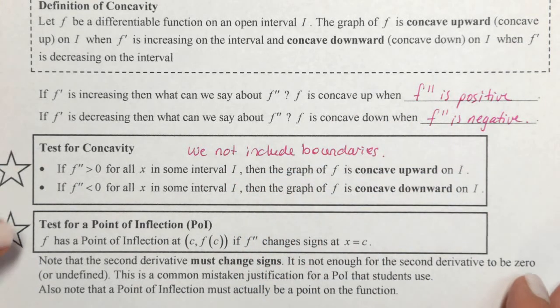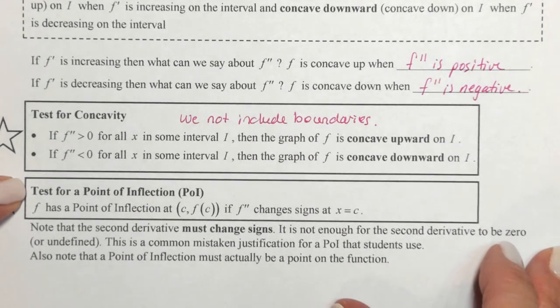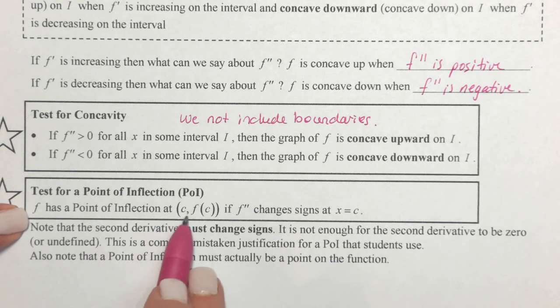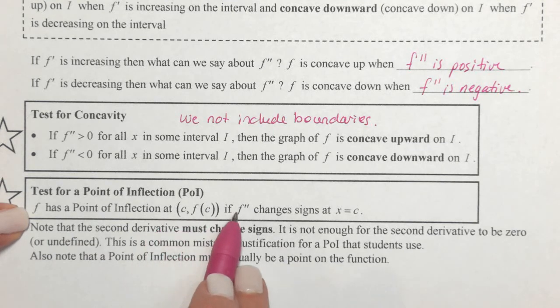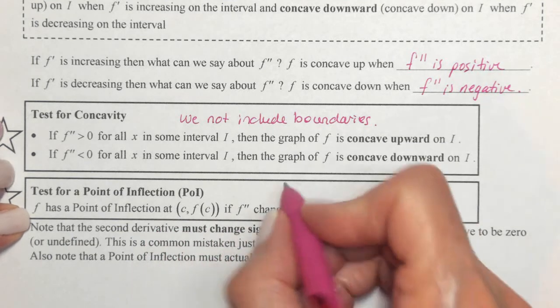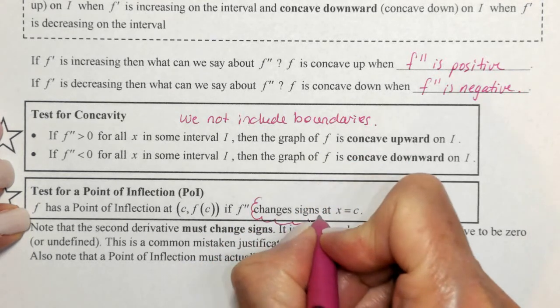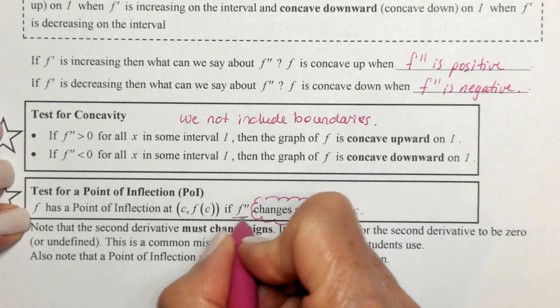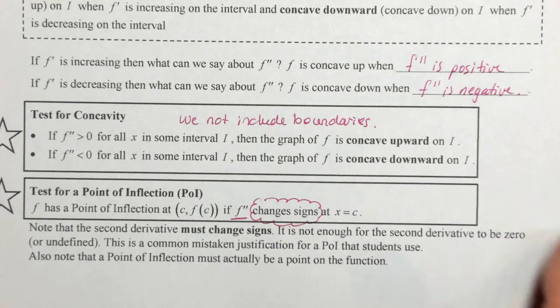Okay, the test for a point of inflection then: f has a point of inflection at c, f of c, if f double prime changes signs at x equals c. Note that the second derivative must change signs.